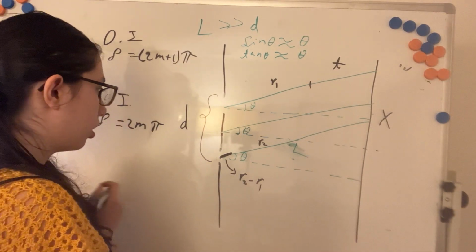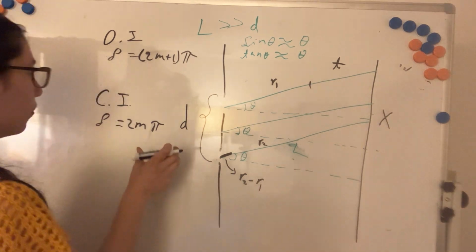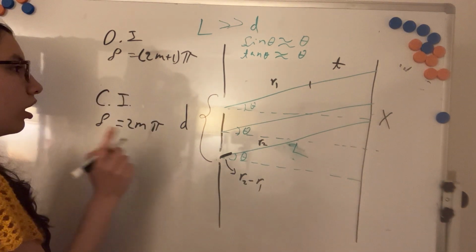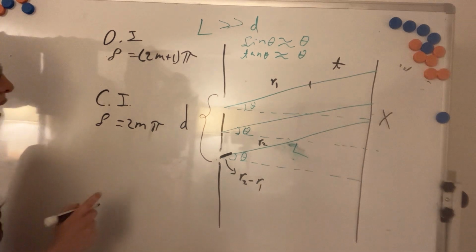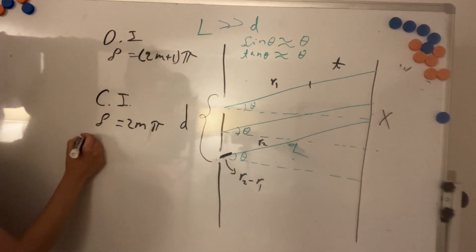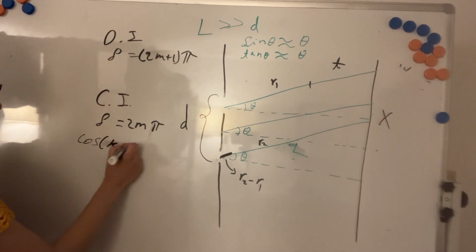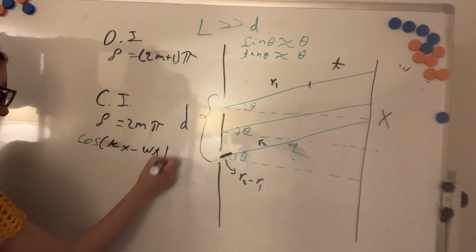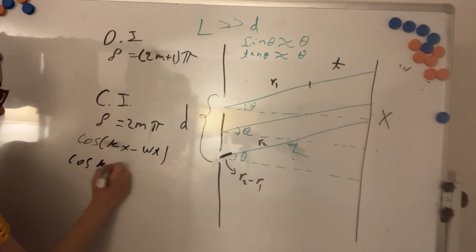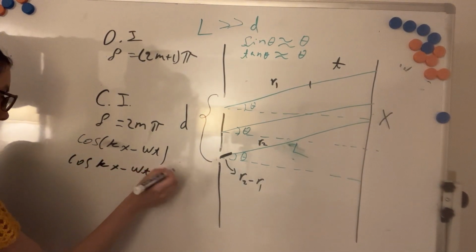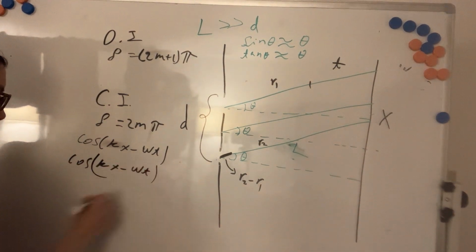Alright. So we have these phases. Something I forgot to do is we have cosine of kx minus omega t, and cosine of kx minus omega t plus a phase.